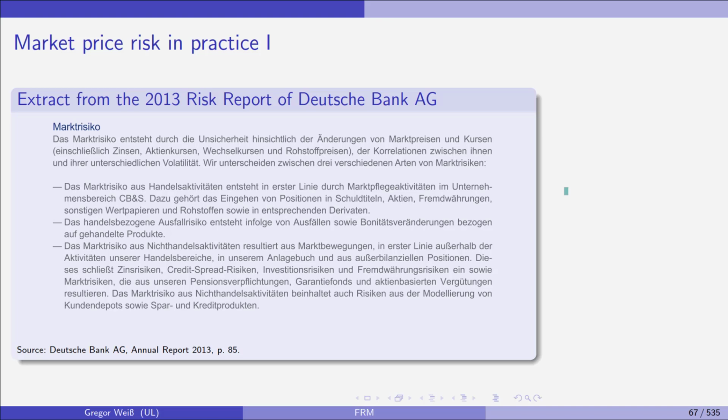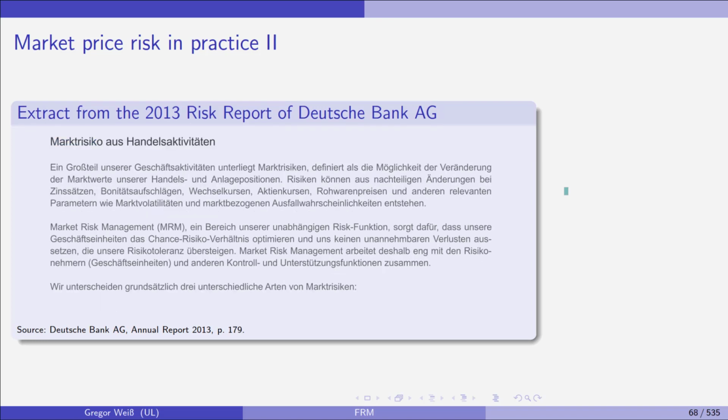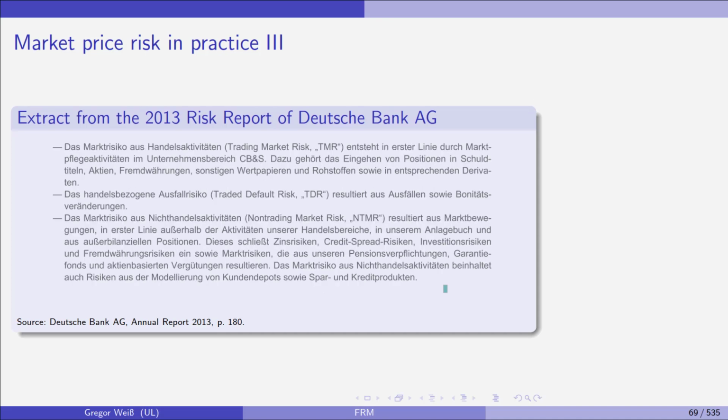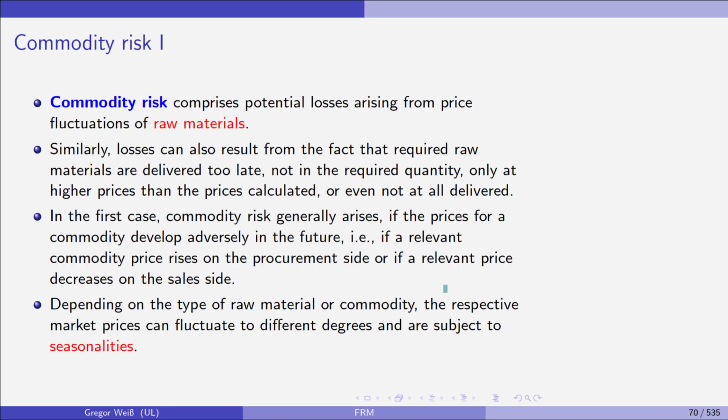And again, you can see where Deutsche Bank sees its main risk exposure when it comes to market risk. They also have market risk from trading activities, and they call it market risk management. And you can have a look at this. Maybe you also have a look at the most recent one. They obviously have a risk report in every yearly annual report. And market risk from trading, also trading related default risk and different types of risk.